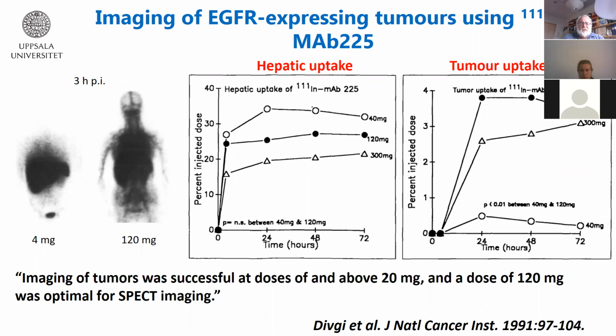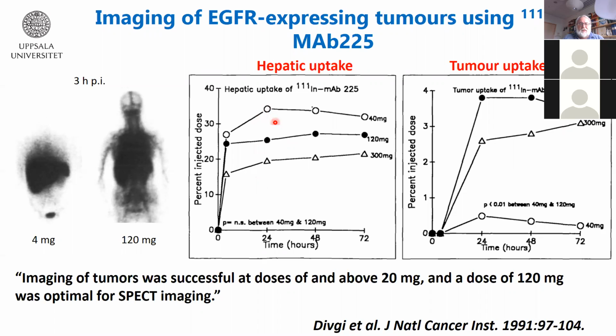He concluded that you need to inject at least 20 milligrams of this antibody to perform imaging, and you need to inject 120 milligrams to have an optimal image.